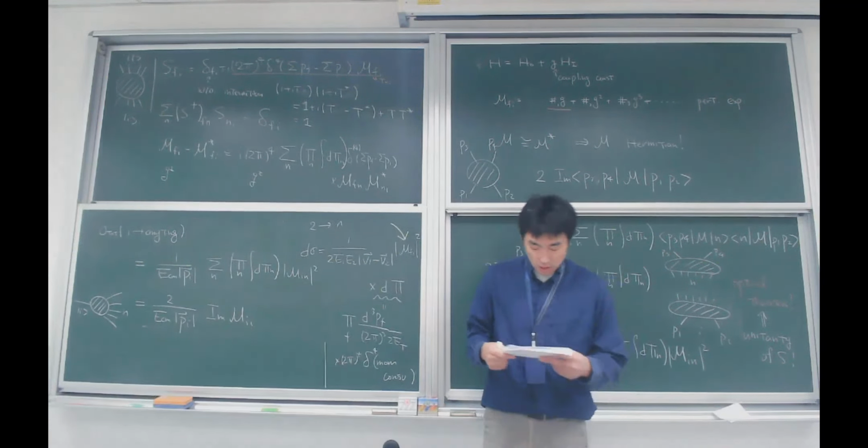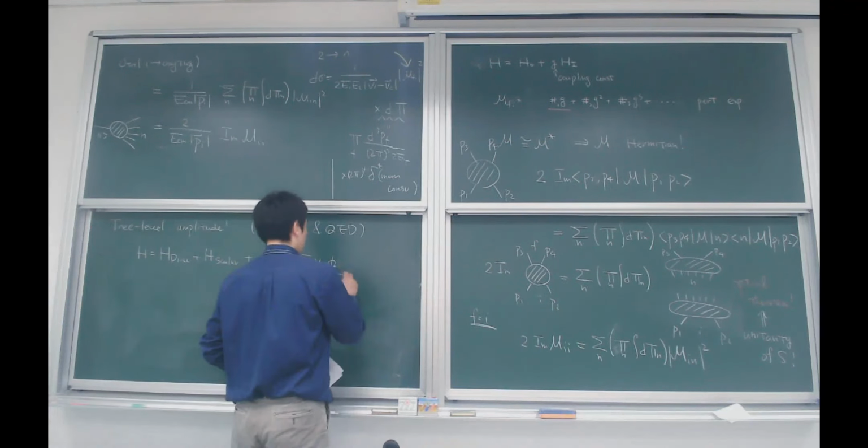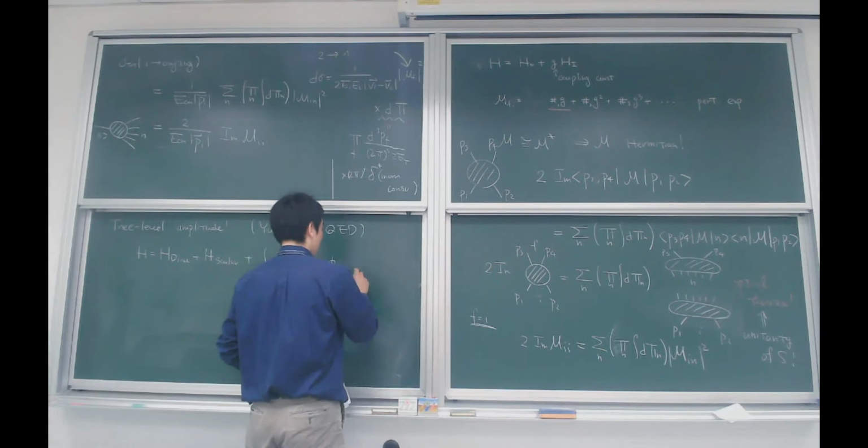So that is H_I, which plays the role of H_R. These are free theories, and then the fermion and scalar fields couple with this term. That's why this is called Yukawa coupling.